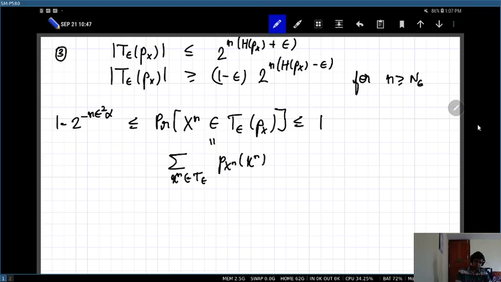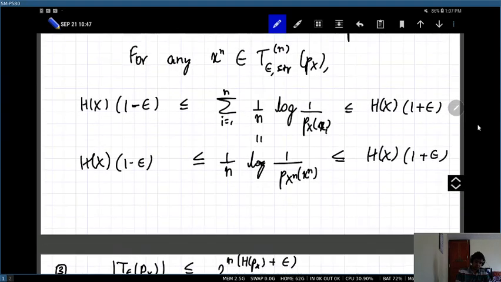So let's try to prove this right hand side over here. Now for any sequence in the strongly typical set, P_{X^n}(x^n) is always greater than or equal to 2 to the minus n times H(X) times 1 minus epsilon. We just got it from here, right?